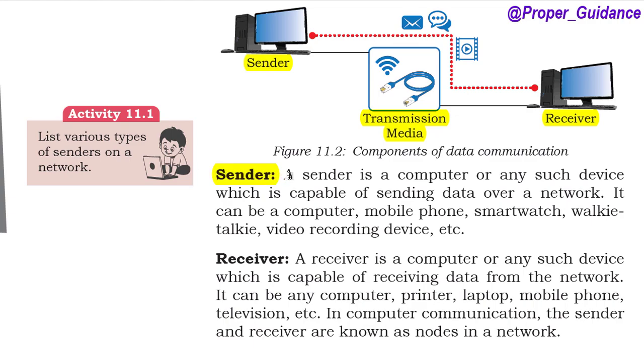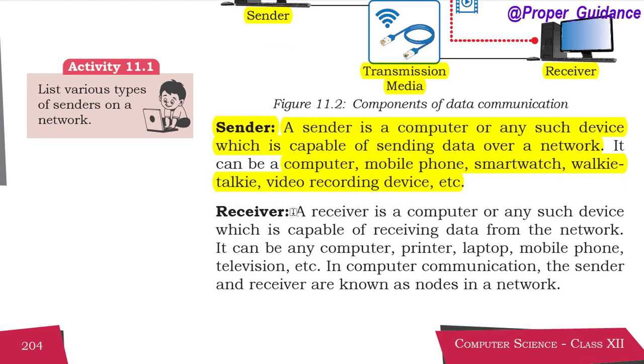A sender is a computer or any such device which is capable of sending data over a network. It can be a computer, mobile phone, smartwatch, walkie-talkie, video recording device, etc. Same thing, receiver. A receiver is a computer or any such device which is capable of receiving data from the network. It can be any of computer, printer, laptop, mobile phone, television, etc.